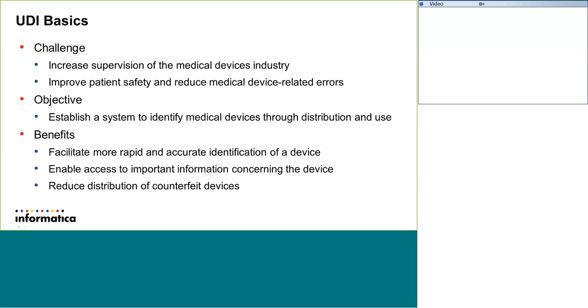Under UDI regulation, every medical device in use in the US will have a unique code embedded within it and displayed on the packaging. By tracking these codes in a central database and recording reports of adverse events, the FDA will be able to identify product problems faster, target recalls more accurately, and reduce related errors.